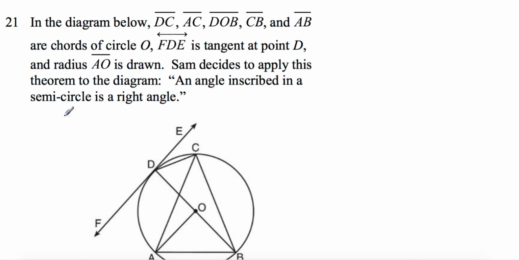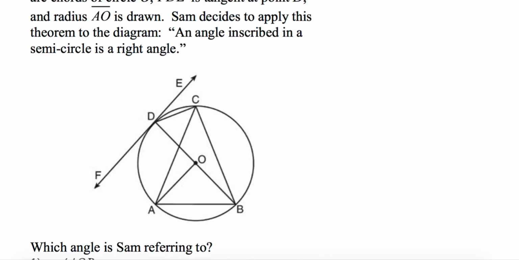Number 21. In the diagram, the chords are given, and FDE is tangent at point D. Sam decided to apply this theorem to the diagram: an angle inscribed in a semicircle is a right angle. So that means the diameter is here.